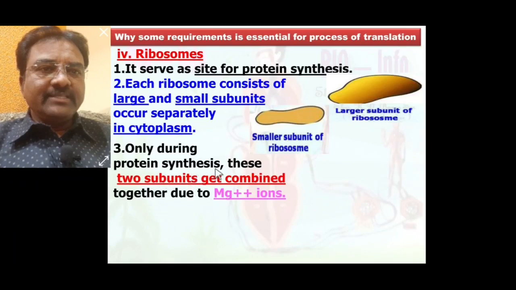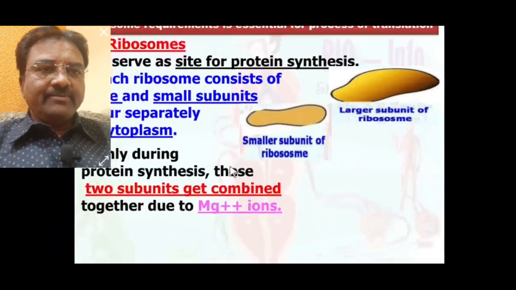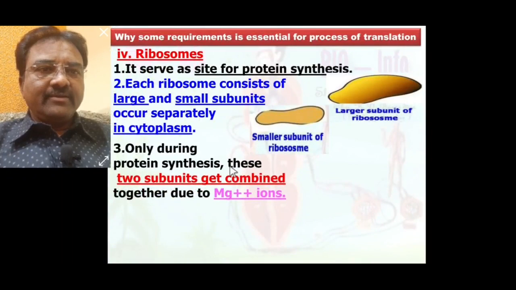Always remember, Mg++ ion is specially for combining the larger and smaller units of the ribosome.